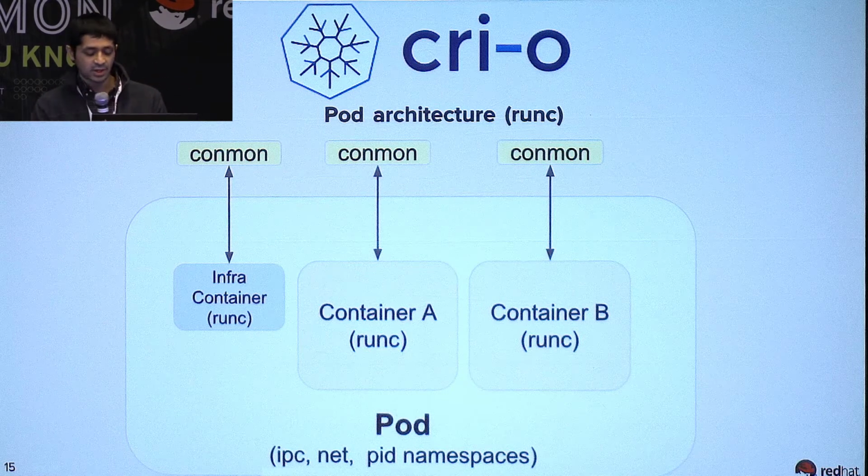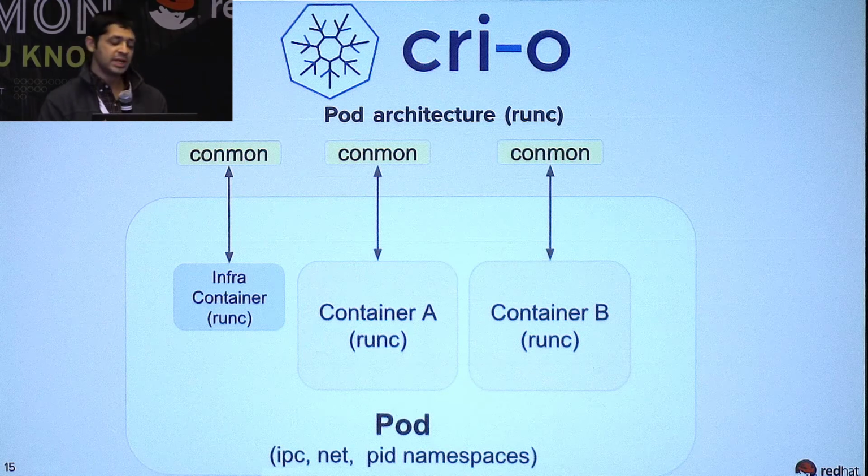So we wrote conmon in C, and the reason is because it is small enough, and since we need to run it for every container, the overall memory overhead of running conmon is very low, even for like hundreds of containers running on your node. And then finally, you have containers running with runc, but runc could be replaced by Kata or any other OCI compatible runtime.